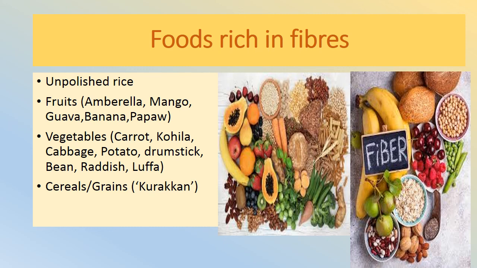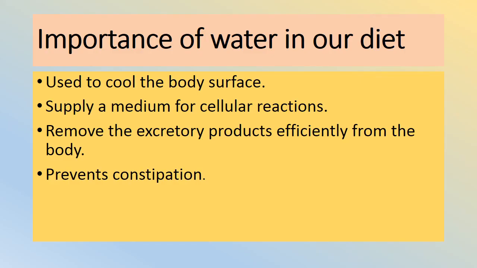Vegetables such as kohila, cabbage, drumstick, loofah, radish contain fibers. The cereals and grains, especially kurakkan, are a very rich source of fiber. So children, it's very important that you include fiber in your diet to prevent constipation and to prevent yourself from getting diseases also.